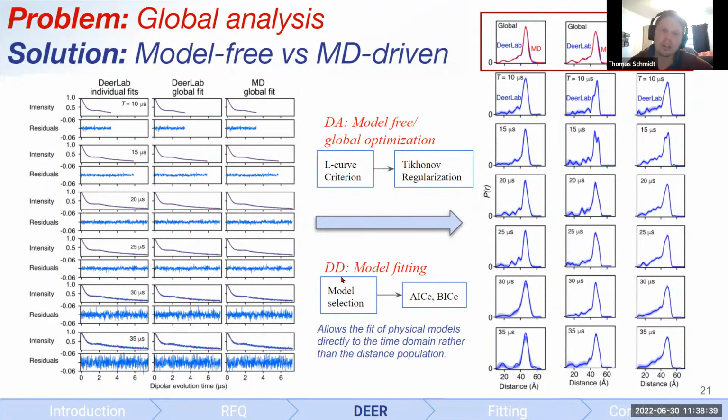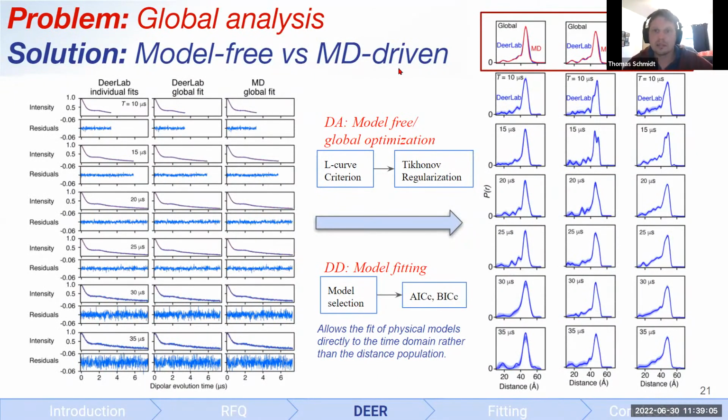Now, in the next step, we're going to use the DD principle, but instead of just fitting Gaussian, we're going to actually fit a distance library based on conformations to the time traces. And the idea is how good can we fit it, but not just how good can we fit the time trace data, but how different the model-free is going to be compared to the model fit. We're going to do that for all of them.